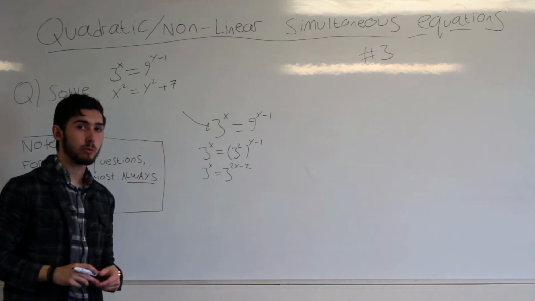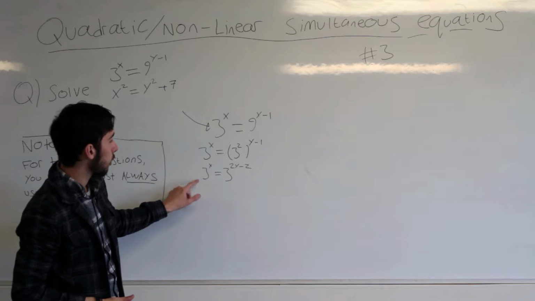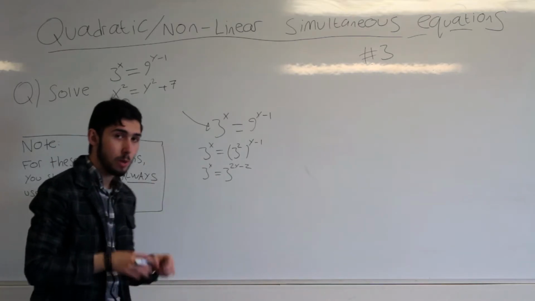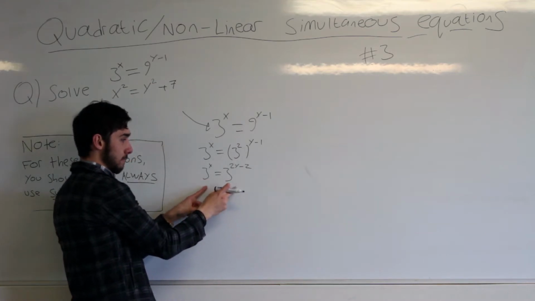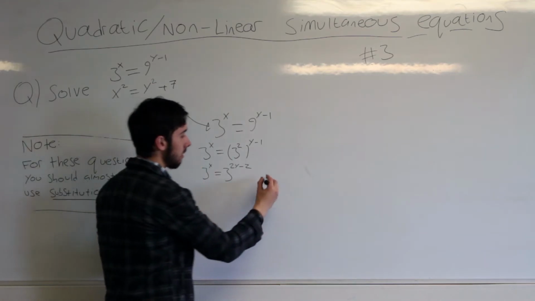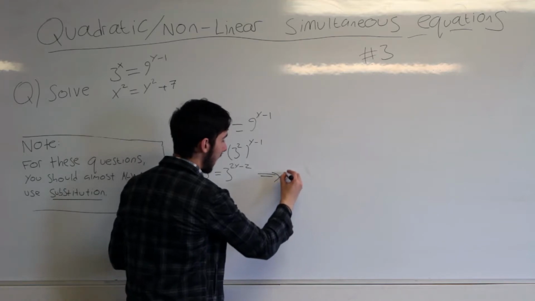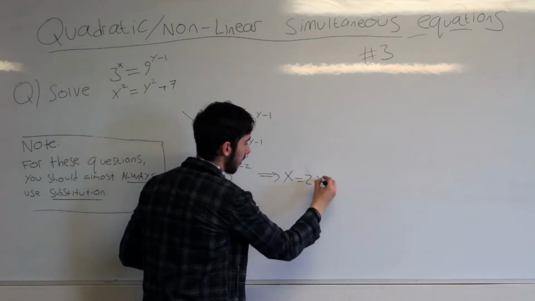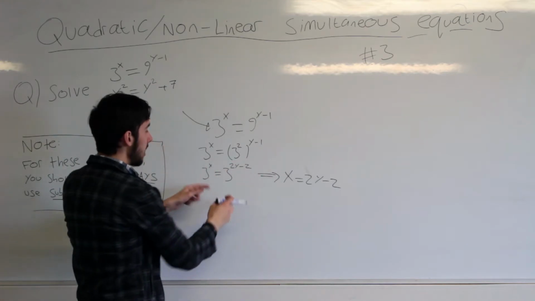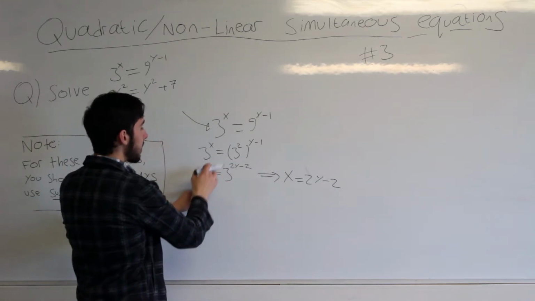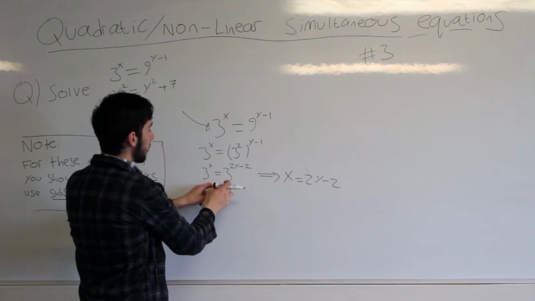Now guys, you might remember from GCSE, if I raise 3 to the power of something to get 3 to the power of something else, because these bases are the same, this must mean that x is equal to 2y minus 2. The exponents must be the same, because the bases are the same. 3 to the x equals 3 to the something else.